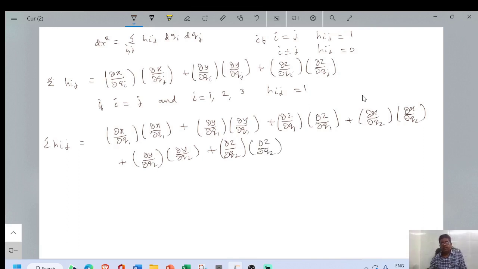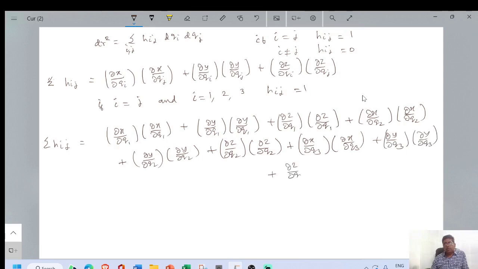Next apply the condition i equal to j equal to 3: plus ∂x/∂q3 into ∂x/∂q3 plus ∂y/∂q3 into ∂y/∂q3 plus ∂z/∂q3 into ∂z/∂q3.